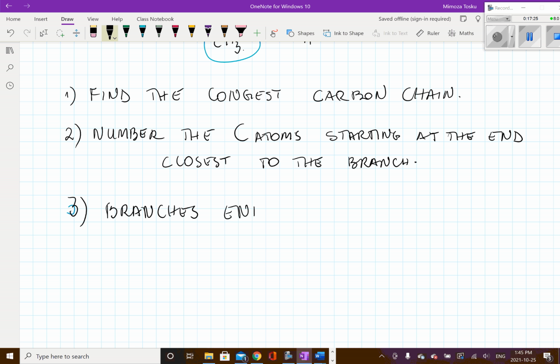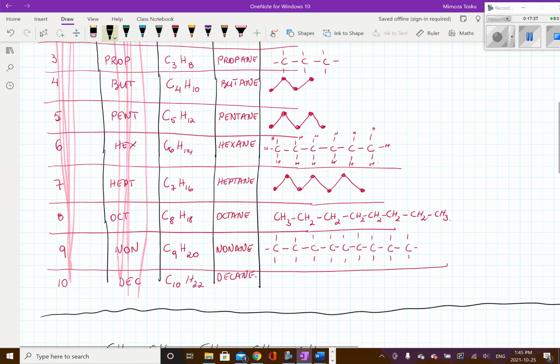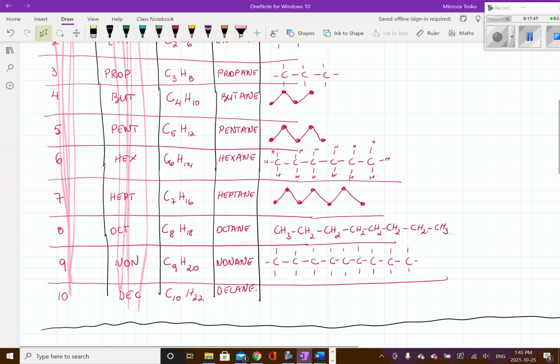So those stem prefixes that I told you, the second column here: meth, eth, prop, but, pent, hex, hept, oct, non, and dec.